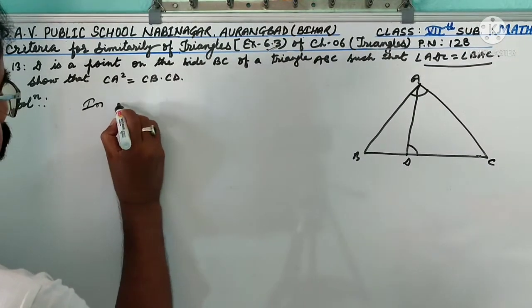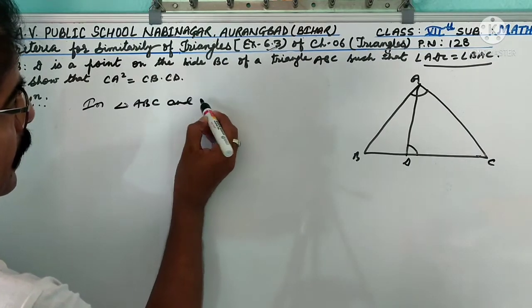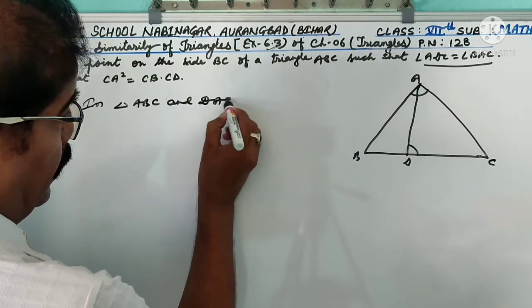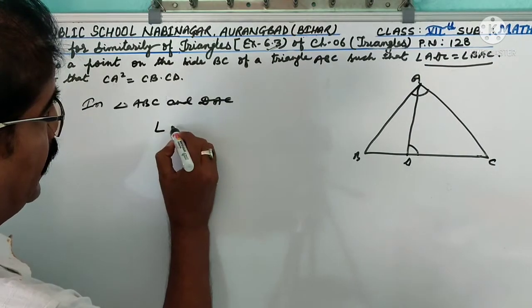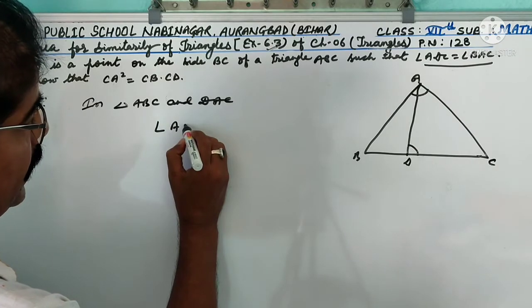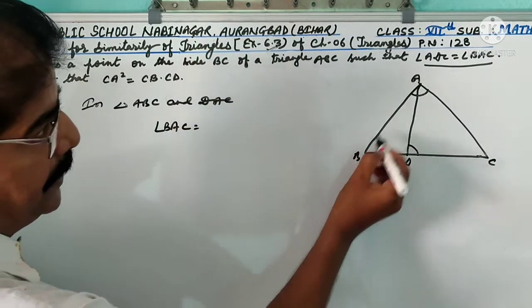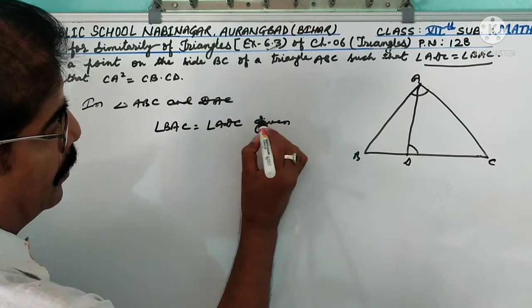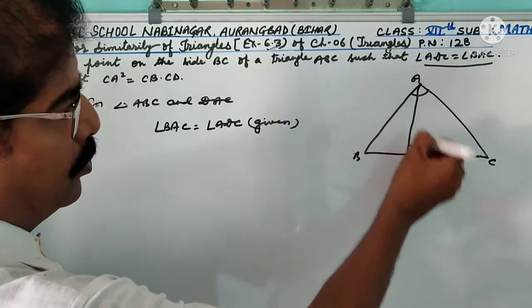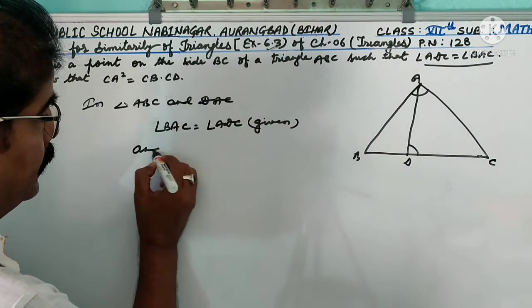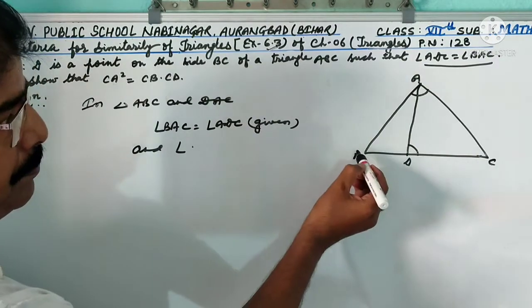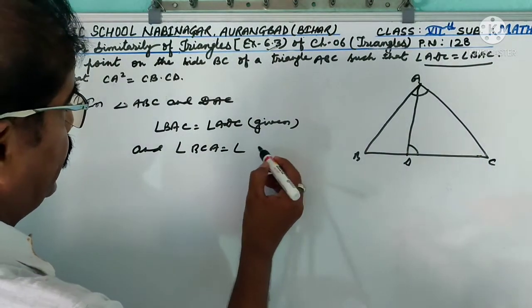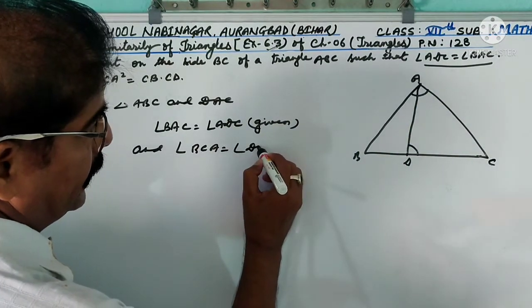In triangles ABC and DAC, angle BAC equals angle ADC, given, and angle BCA equals angle DCA, common.